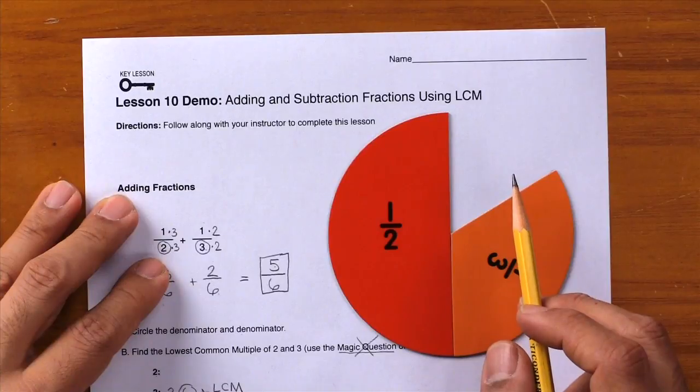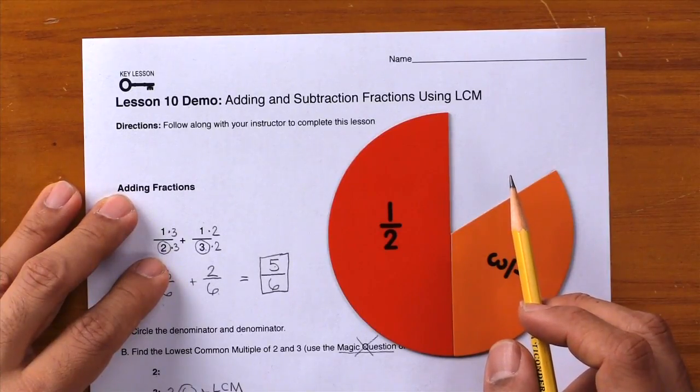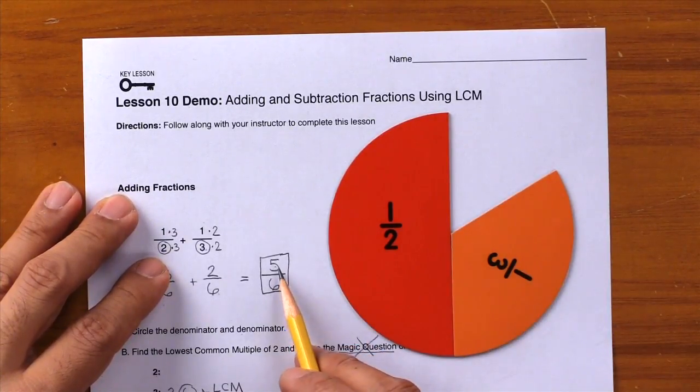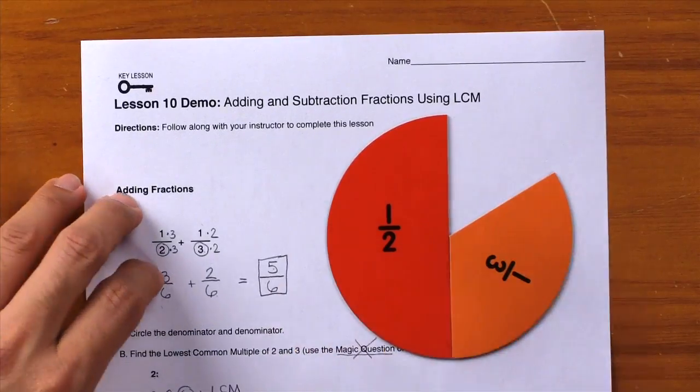And we used the LCM to change the names of the fractions properly, and we ended up with a final answer of 5 sixths. So here are my sixths, and I need a total of 5 of them. Here's 1 sixth, 2 sixths, 3 sixths, 4 sixths, and 5 sixths. And we're going to overlay these on top of our original problem.